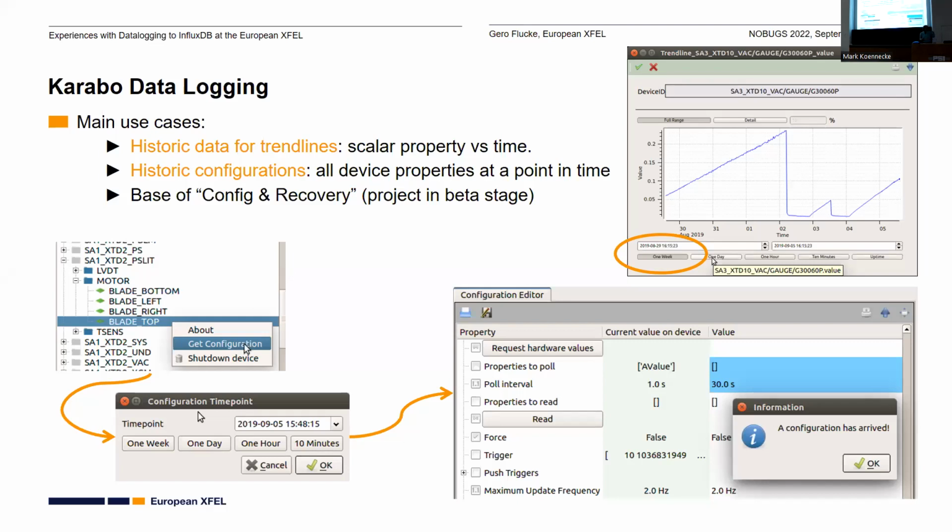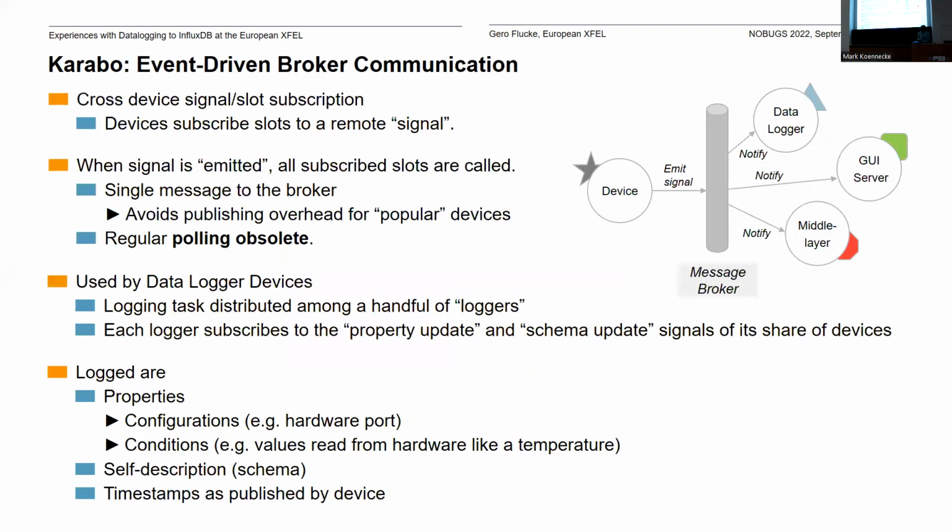Or we want to see what the configuration was yesterday or 5 days ago, because we want to compare to what is currently the case. So you specify a time point, and then you can see the data arriving and see, okay, there was some different configuration, and now you can choose what is the real one.